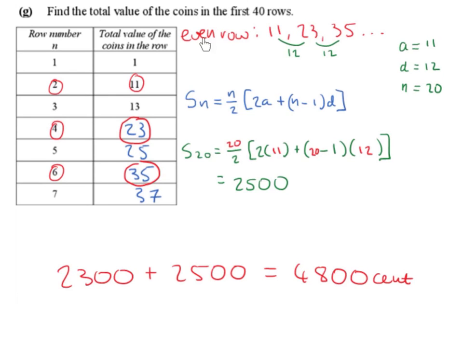There are 20 even rows in the first 40 rows. So we swap the n for 20, the a for 11, the n for 20, and the d for 12. We get 2,500. Adding the 2,300 and the 2,500 together gives us 4,800 cents, which is 48 euro. So the total value of the coins in the first 40 rows is 48 euro.